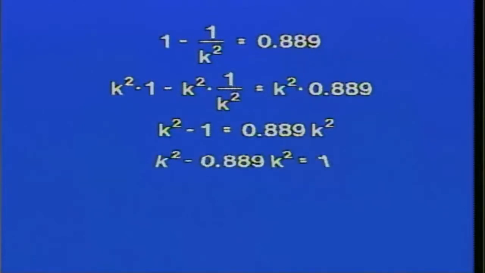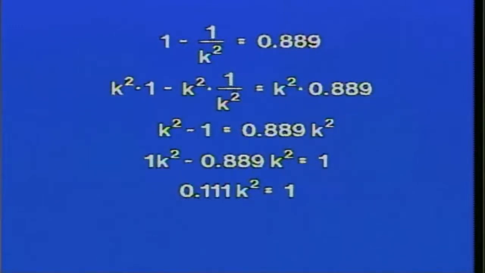Now we'd like to put the terms involving k squared on the one side and the 1 on the other side, so we'll subtract 0.889 k squared on both sides and add 1 on both sides, and we get this. Now we want to collect the terms involving k squared, and we need to remember that leading k squared is really 1 k squared because we're collecting coefficients. It's 1 minus 0.889, and that gives us 0.111 k squared.